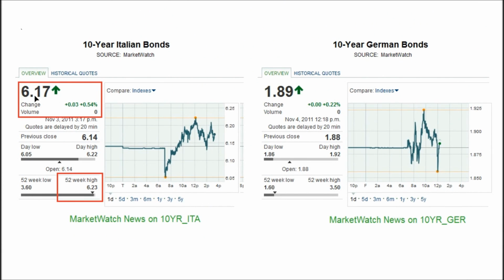Why is this number a problem for Italy? Why it's a problem is they've got a gigantic debt burden. And as the interest increases on the debt burden, your interest expense over time starts to become overwhelming at interest rates this high.